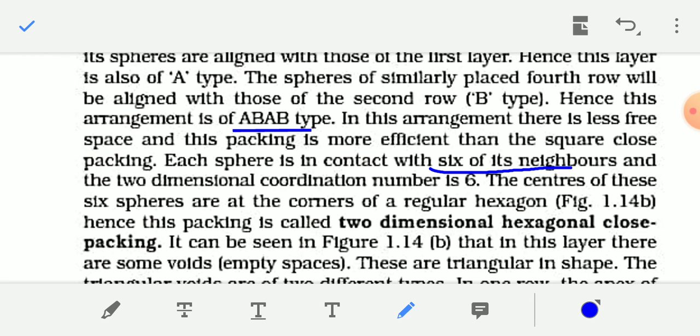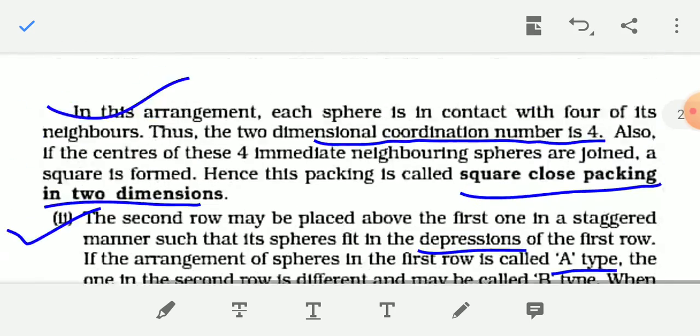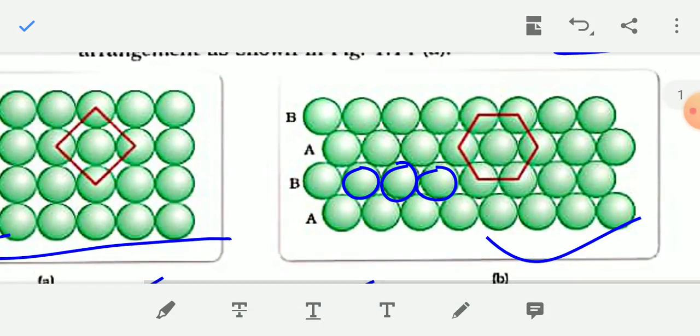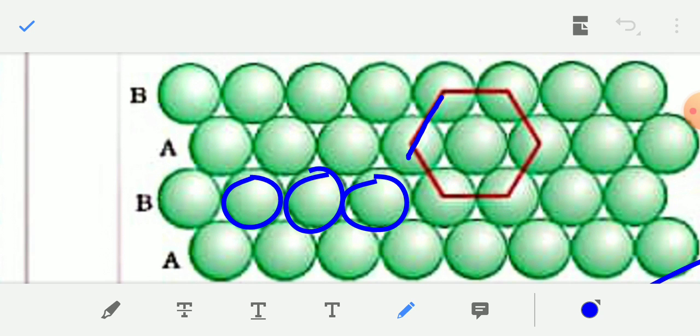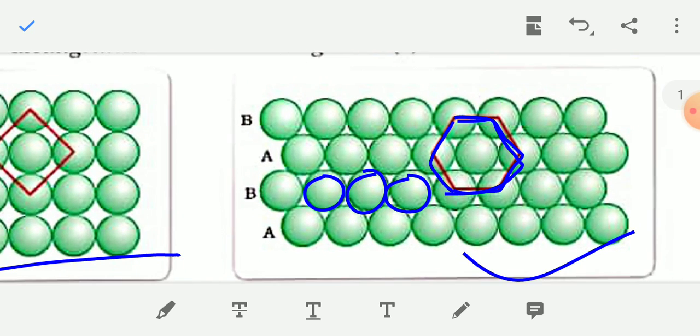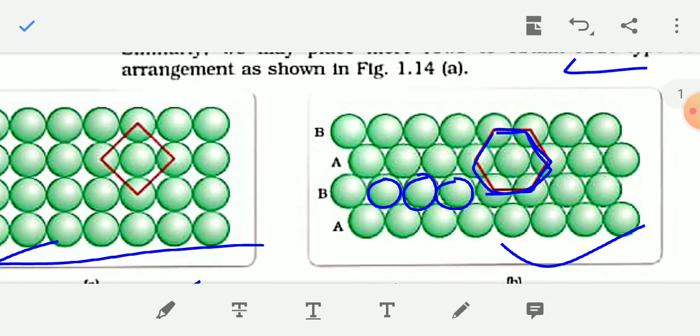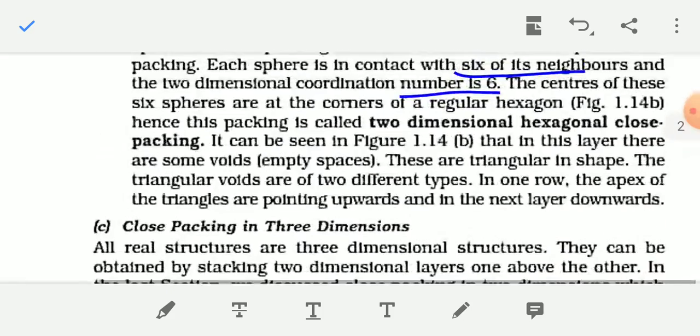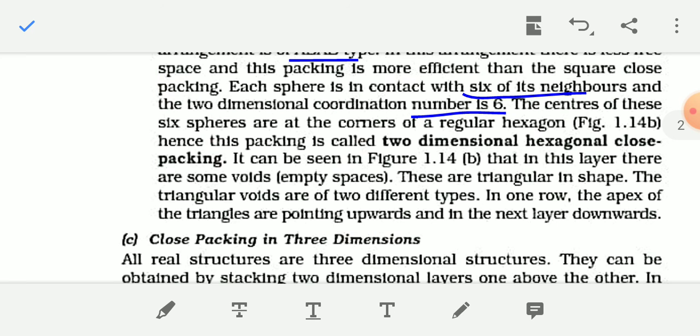In two-dimensional hexagonal close packing, the coordination number is 6, because each sphere is directly attached to six nearest neighbors. Here one hexagon is obtained, that's why it is known as hexagonal close packing. The centers of these six spheres are at the corners of a regular hexagon. Hence this packing is called two-dimensional hexagonal close packing.